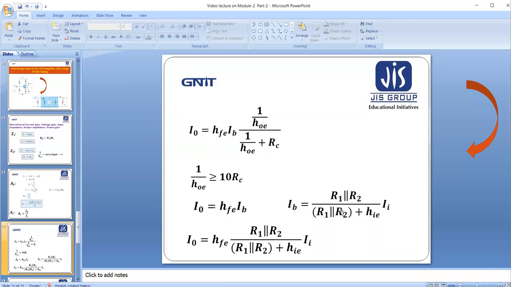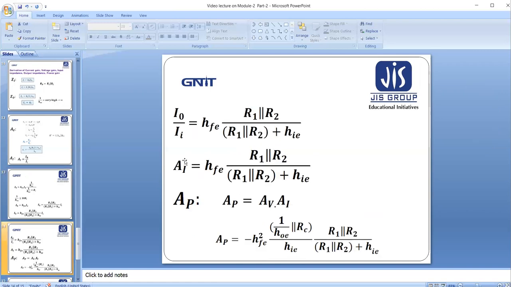Putting the value of IB here, I naught equals HFE into R1 parallel R2 by R1 parallel R2 plus HIE into II. Therefore, the current gain I naught by II, that is AI, equals HFE R1 parallel R2 by R1 parallel R2 plus HIE.